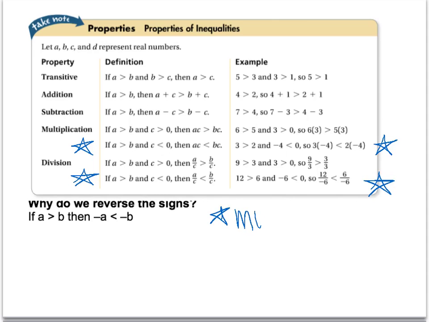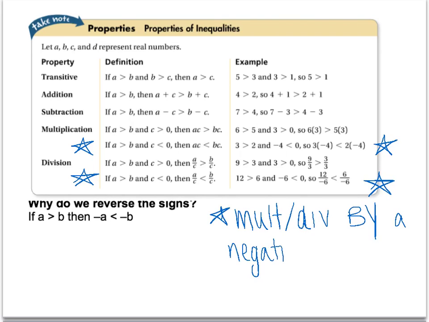If you multiply or divide by a negative, you switch the inequality sign.